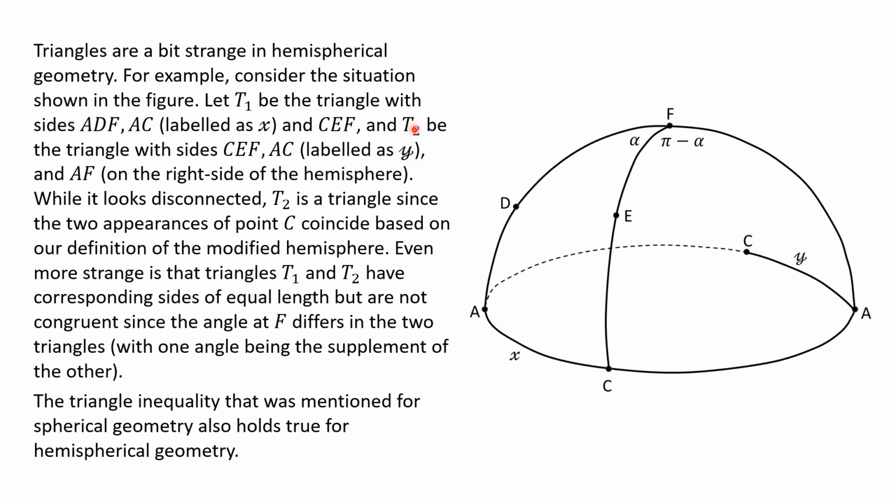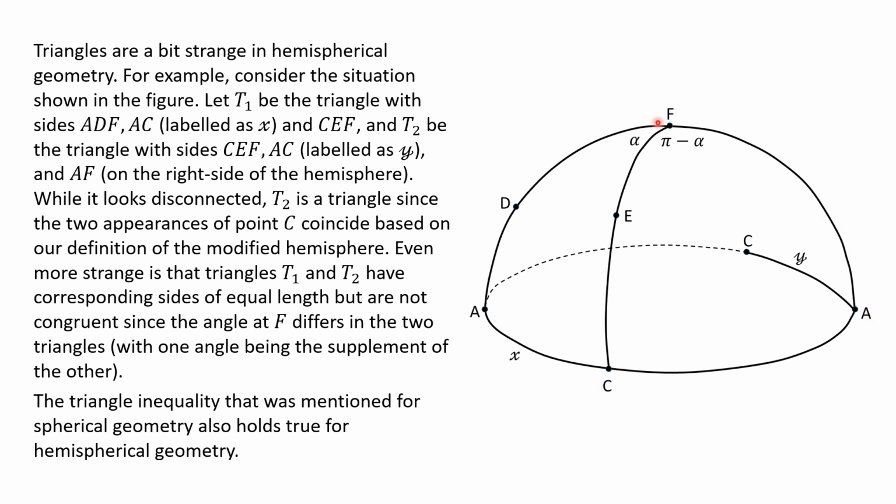So T2, let that be the triangle CEF, AC, the same as this AC, except it's on the other side of the boundary, and we'll label that as Y. And then AF, this actually this one here, A to F here.